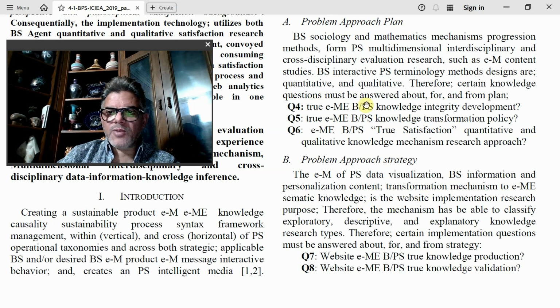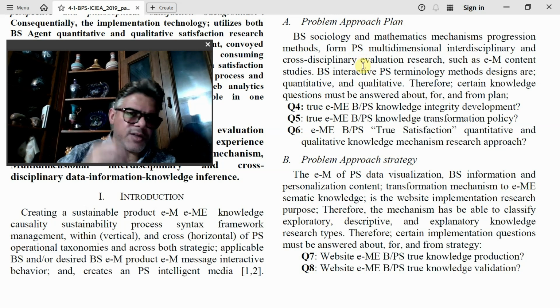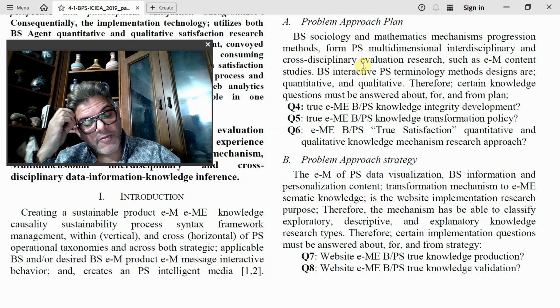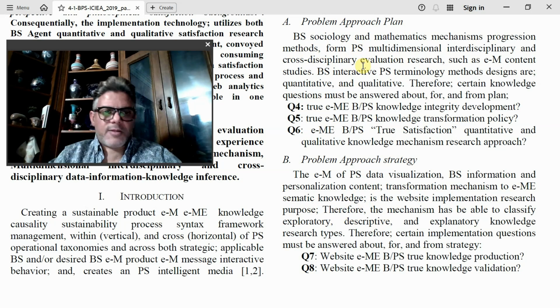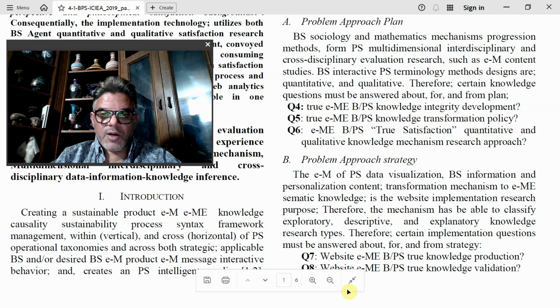So this is basically how the business satisfaction tries to put the product satisfaction data information knowledge on the website. But then the agent will have an opportunity to change that. So I will need to answer about website, e-marketing environment, business/product satisfaction, true knowledge production.